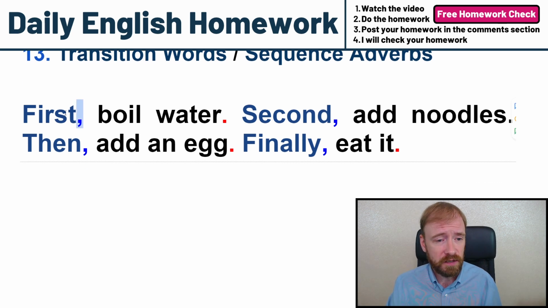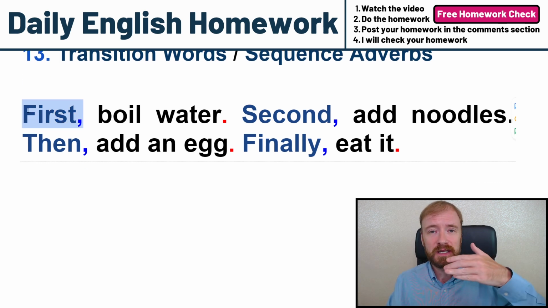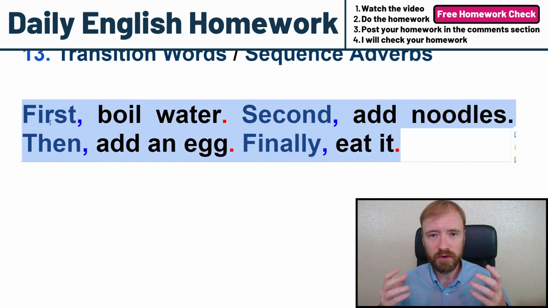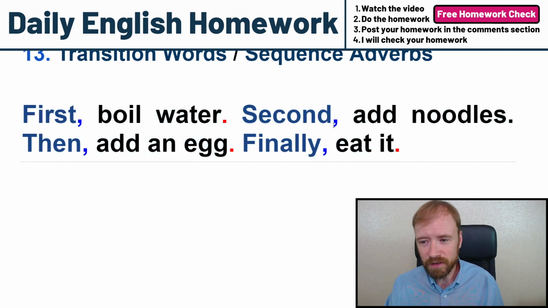So let's look at these sequence. Sequence means, like first, second, third. And whenever you use sequence adverbs, use a comma. So I have a quick cooking instructions here. First, boil water. Second, add noodles.